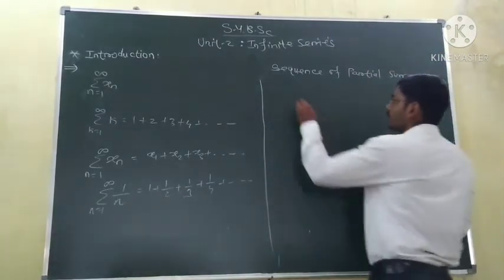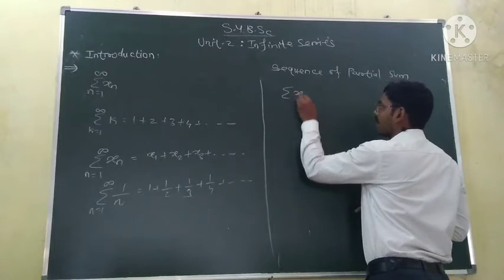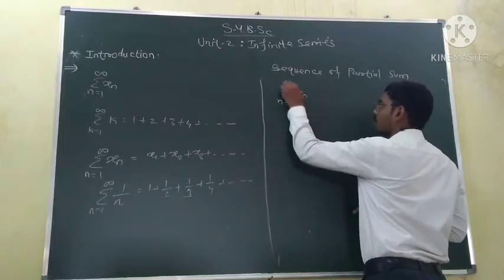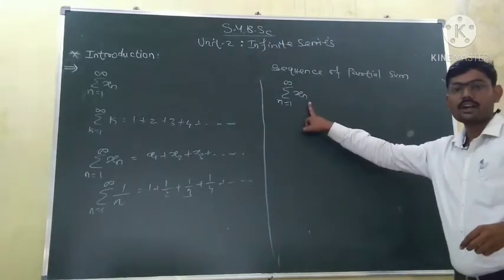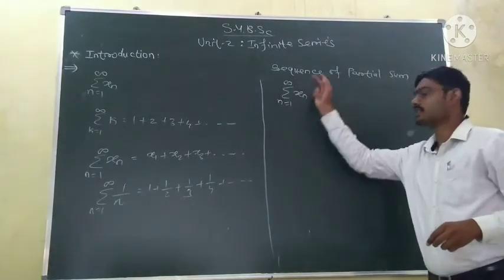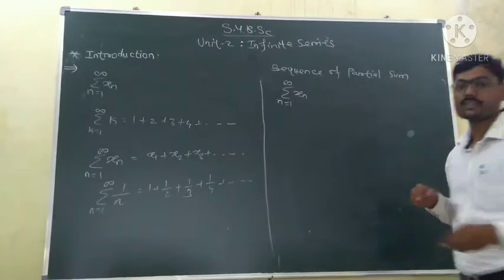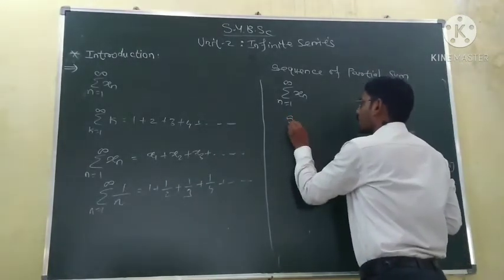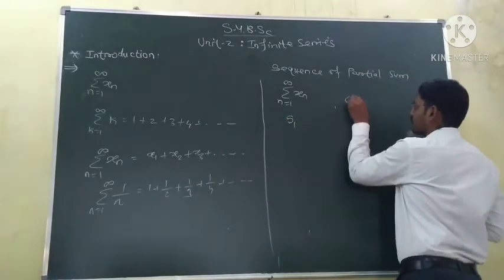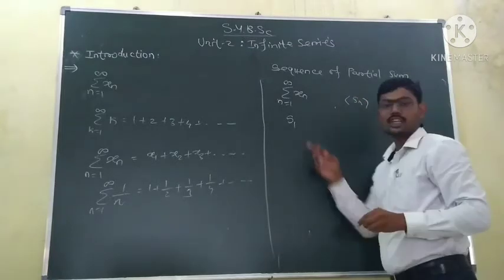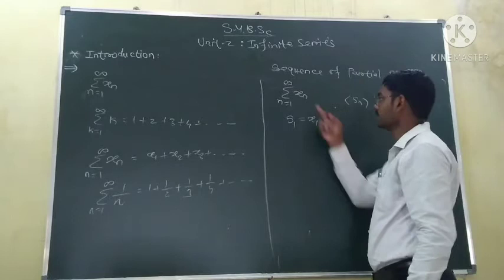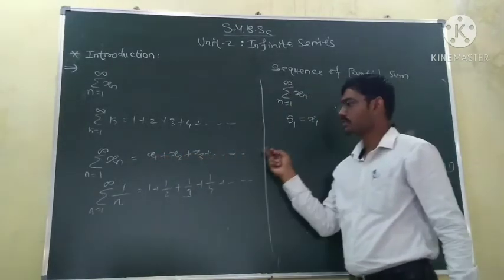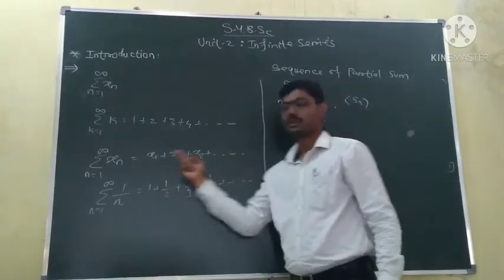Suppose this is our series, sum of xn, n is equal to 1 to infinity. Now, we have to find the sequence of partial sums for this series. So we will form a sequence. Suppose we define a sequence Sn such that the first term is x1.